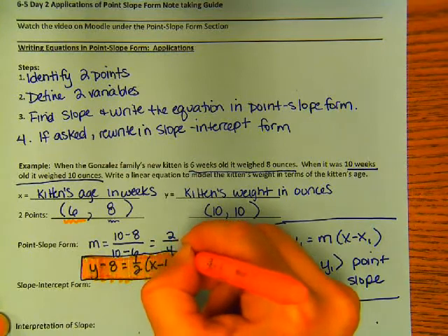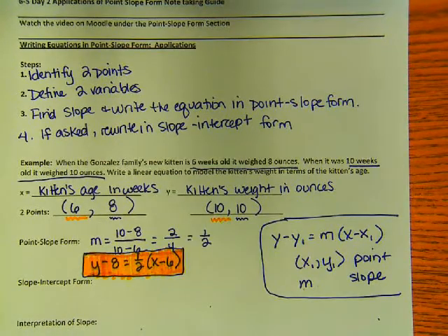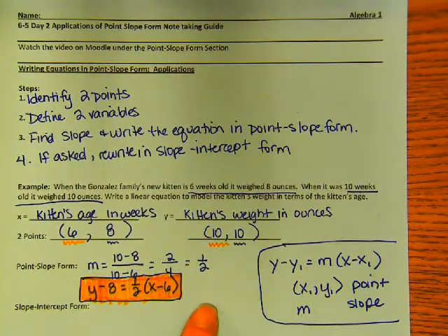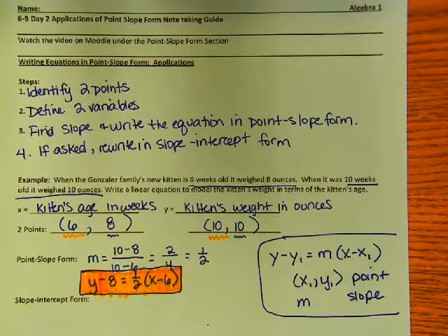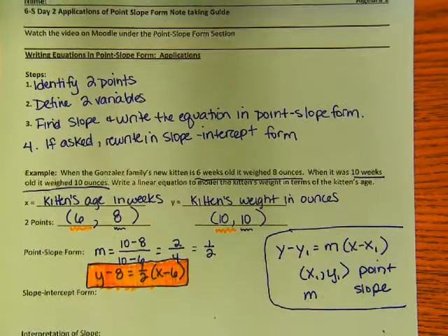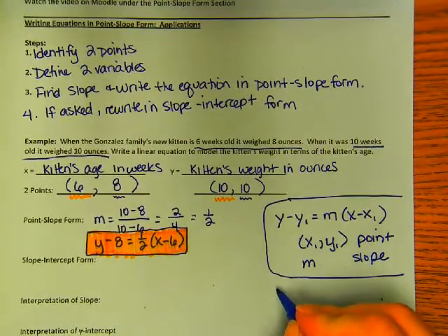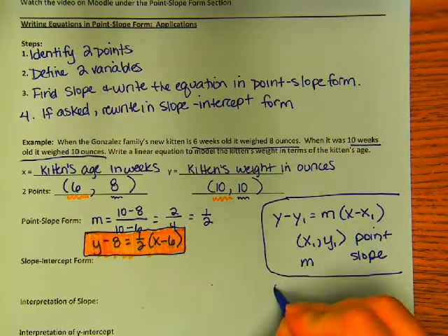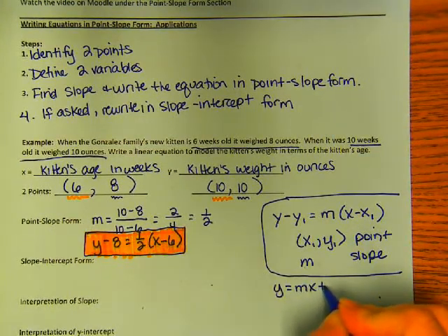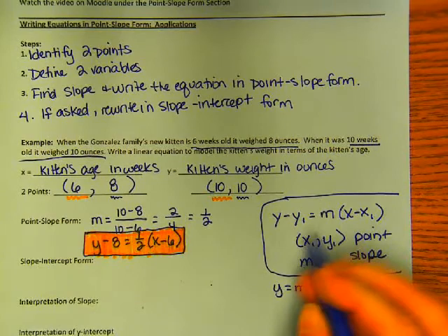Yesterday, or on the first day of this lesson, we talked about how you can rearrange this to get slope-intercept form. And so slope-intercept form is the form I'll put over here to the side again, y equals mx plus b, where m is the slope again and b is the y-intercept.